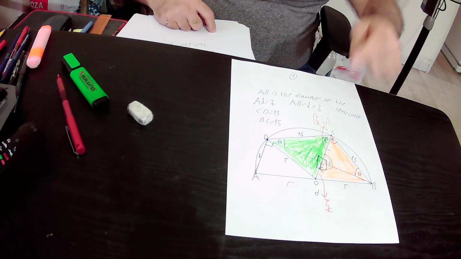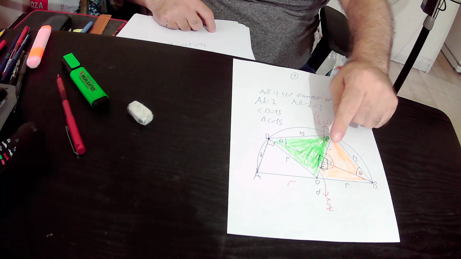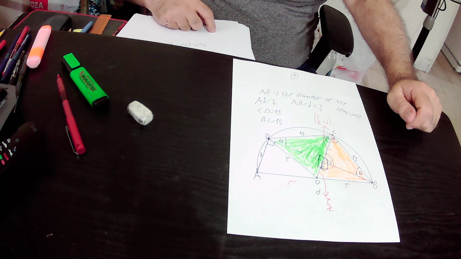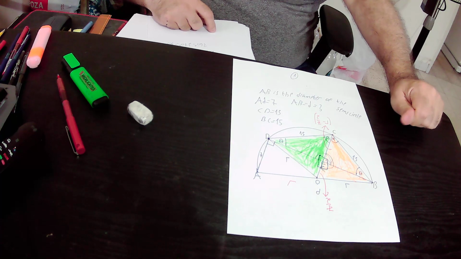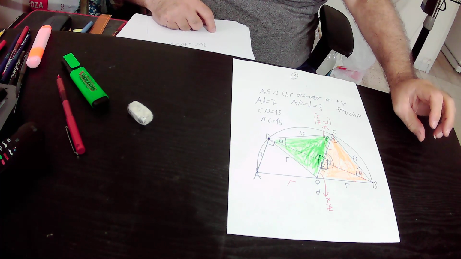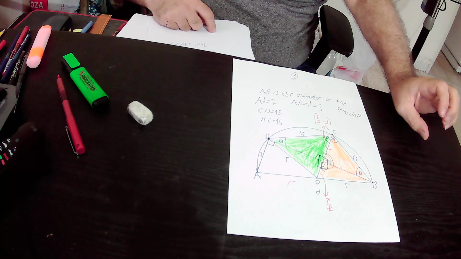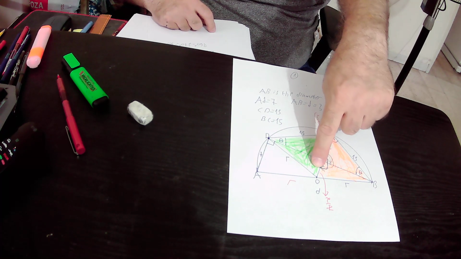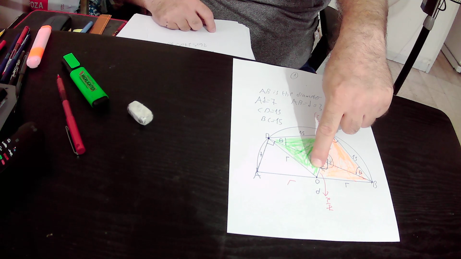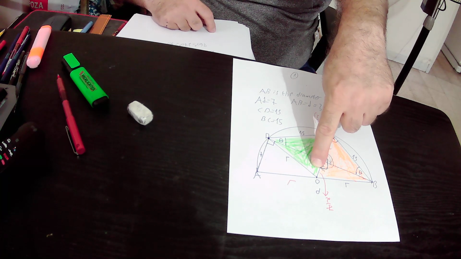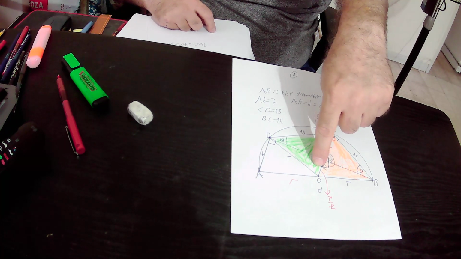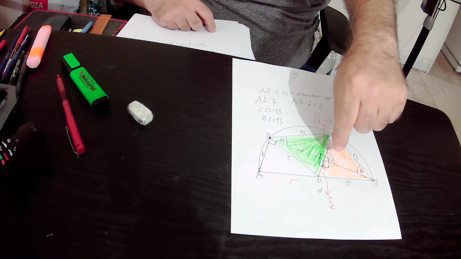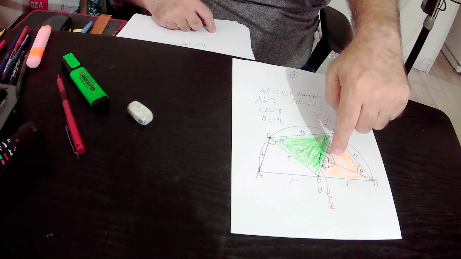Okay, so we found out that around point E we have 3 right angles, that in total equal 270 degrees. And we know that the sum of the angles around any point equals 360 degrees. So the missing angle here, in order to complete the sum of the angles around point E to 360 degrees, is 90 degrees, because we already have three angles that equal 270 degrees.